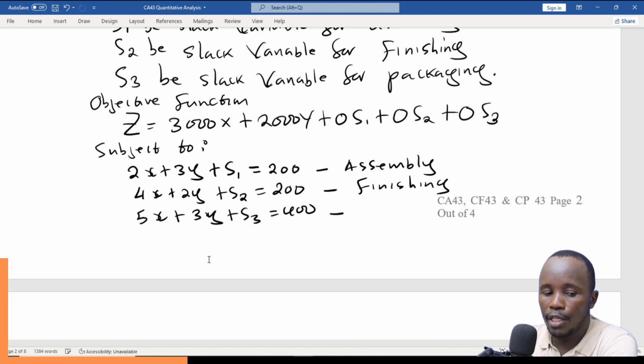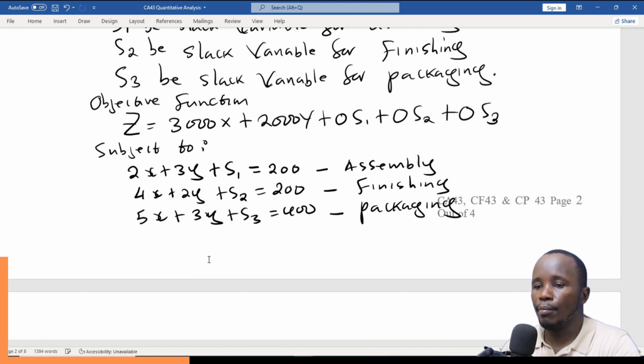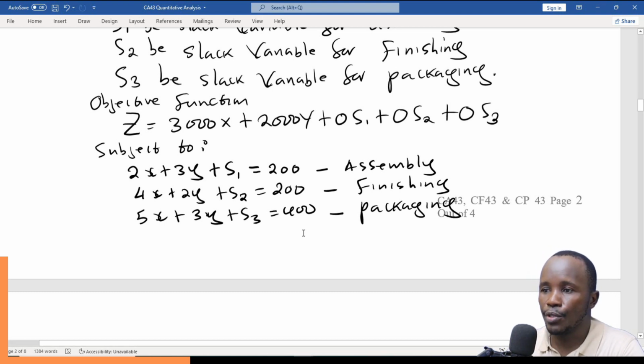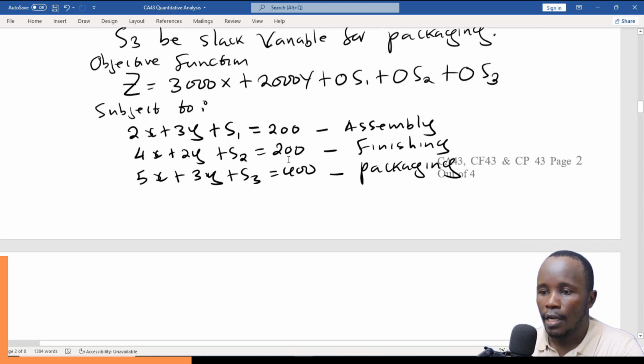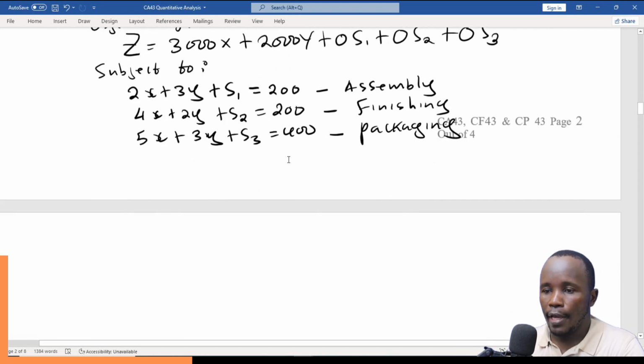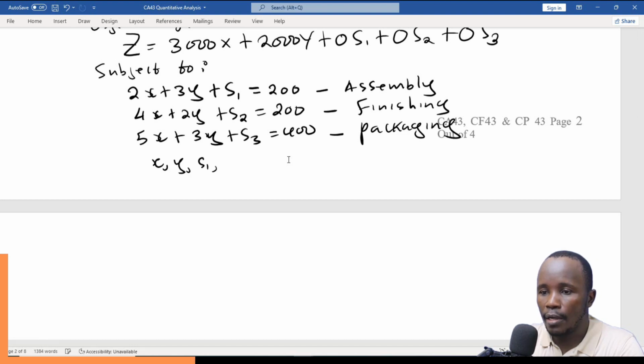And this one is for packaging. I've introduced these slack variables and I had mentioned them in this statement here. Now, remember, among all these slack variables, we don't expect any to be negative. So we are saying x, y, s1, s2, s3, they all need to be greater or equals to 0.